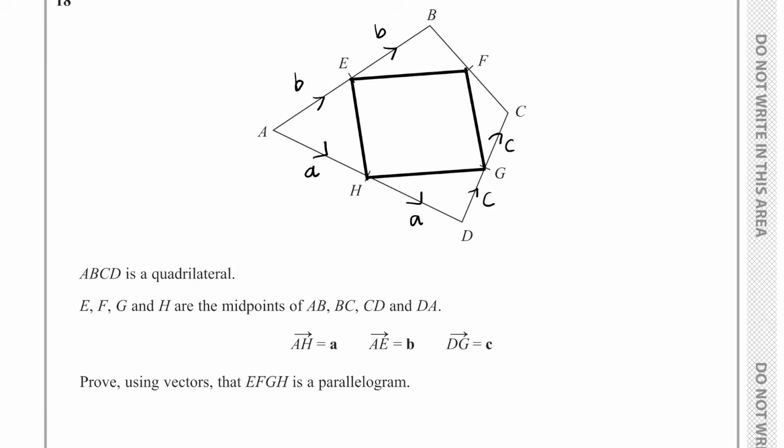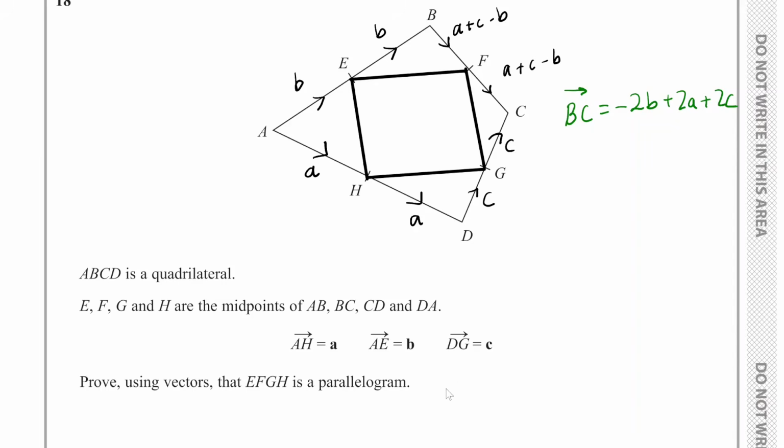We don't have anything for B to C, so I'm going to work out B to C. So it's minus 2b plus 2a and plus 2c. So B to F is half of that. So a plus c minus b. And F to C is also a plus c minus b.